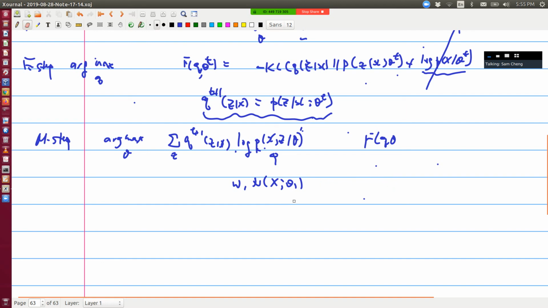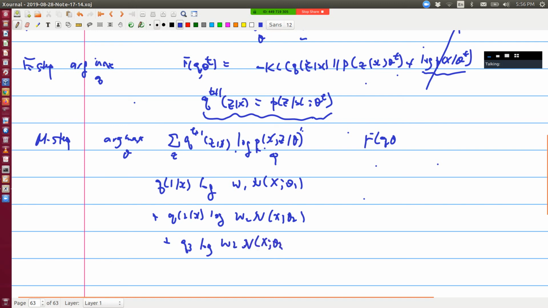So that is when C is equal to 1. I sum over C is 1, 2, 3, basically. Let's say it's C1 here. Then I take the log of this guy. So actually this should be Q1 given X, plus Q2 given X times log W2 N(x|theta 2). Let me just write Q1, Q2, Q3, and W3 N(x|theta 3).